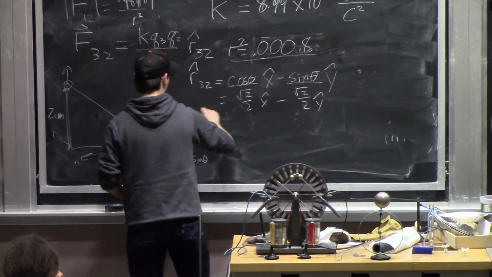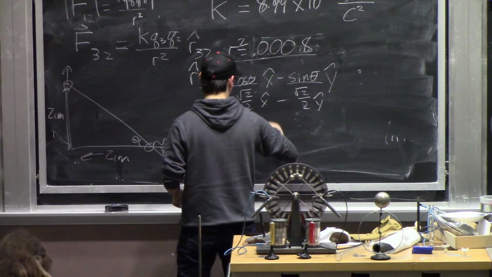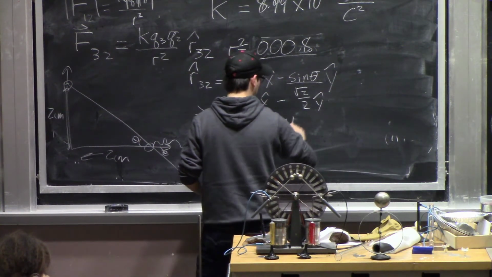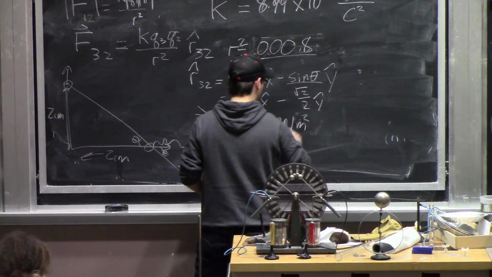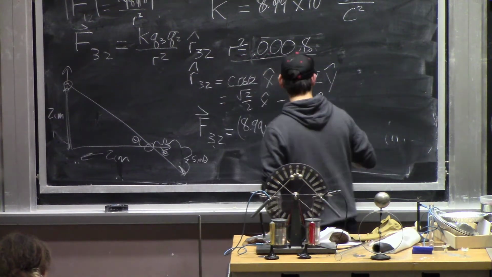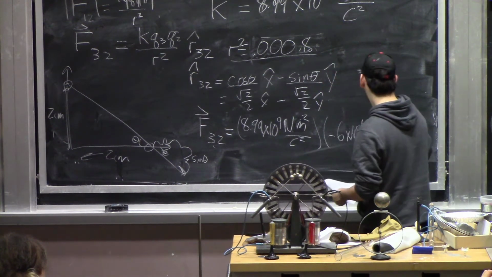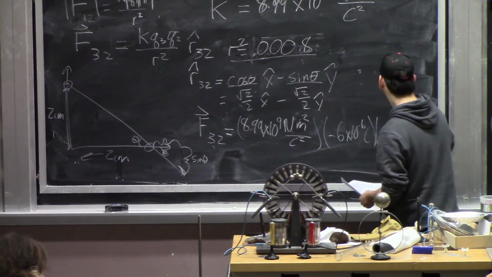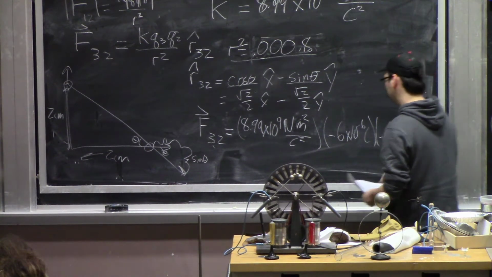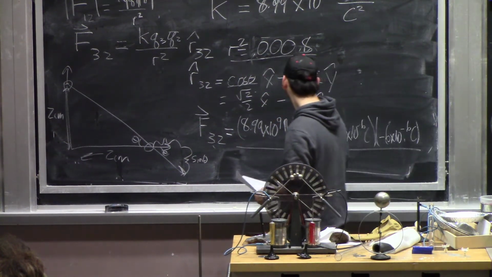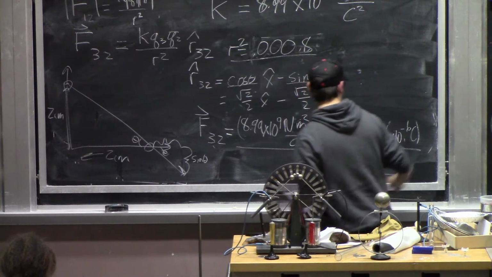And so f vector 32 is going to be equal to 8.99 times 10 to the 9 newton meters squared per Coulomb squared, times negative 6 times 10 to the negative 6 coulombs, times negative 6 times 10 to the negative 6 coulombs, divided by 0.0008 times this r hat.